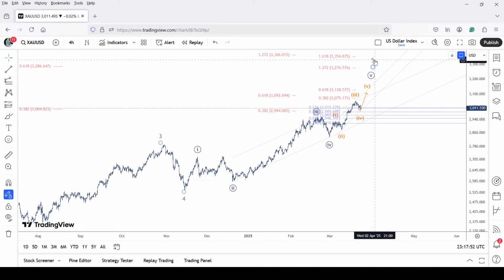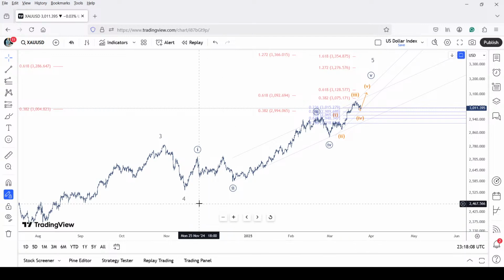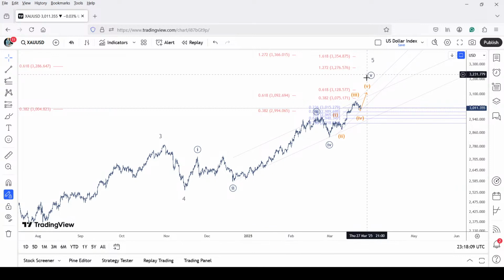Now, within the minor wave five, it looks like the minute wave five is progressing. All right, that is the bracket five Roman, and within that minute wave five, we've got minute wave four in the making right now.